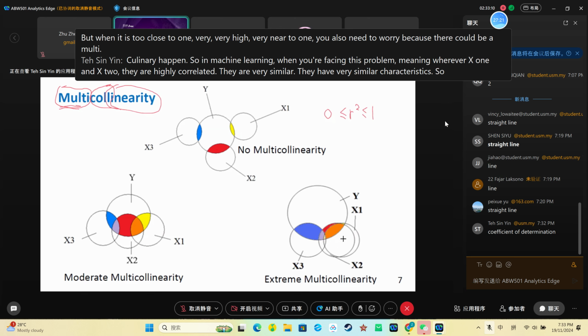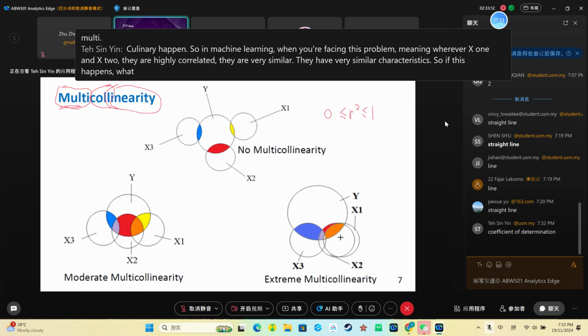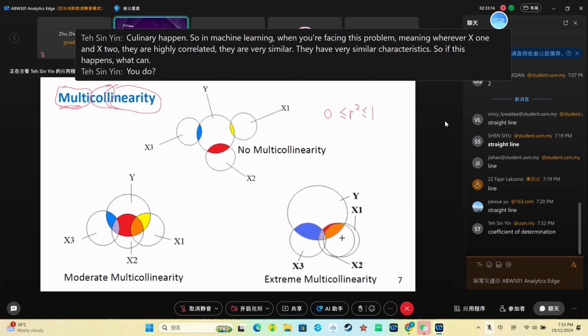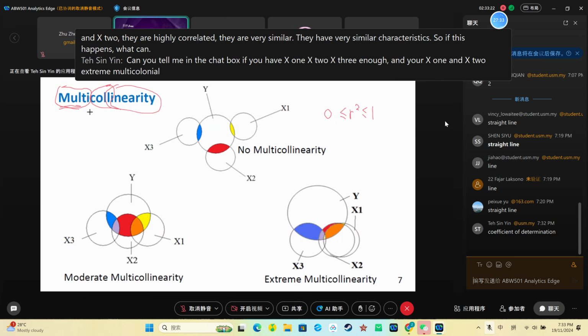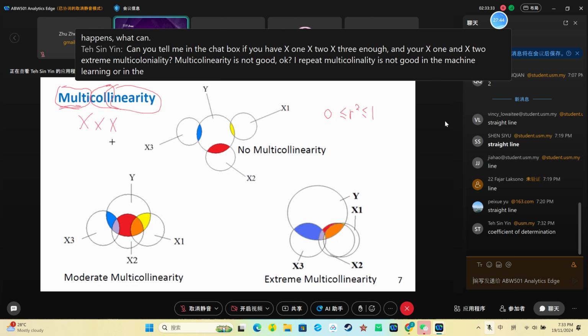So if this happens, what can you do? Can you tell me in the chat box, if you have x1, x2, x3 now, and your x1 and x2 have extreme multi-collinearity. Multi-collinearity is not good. I repeat, multi-collinearity is not good in machine learning or in regression.